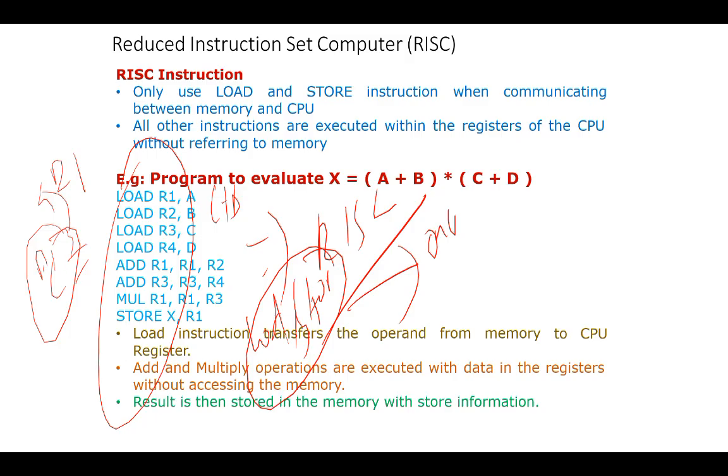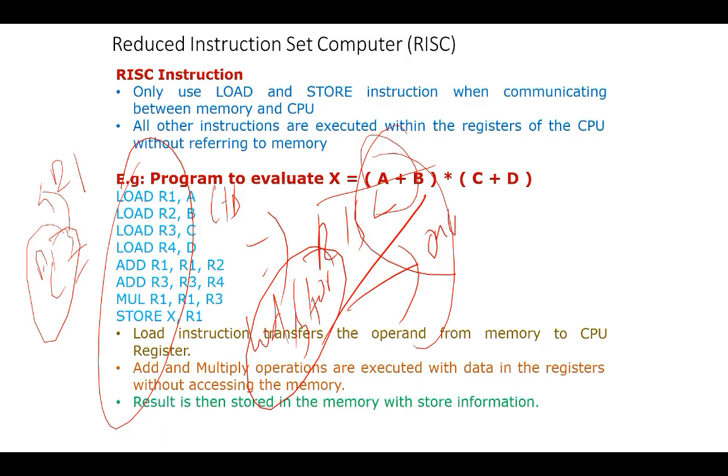Now we multiply R1, R1, R3. R1 carries a plus b, and R3 carries c plus d, so this gives x, which we store in register R1.